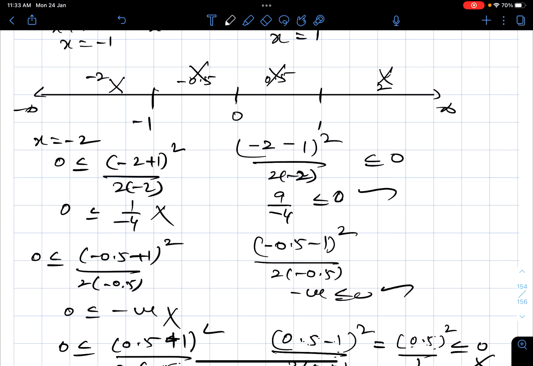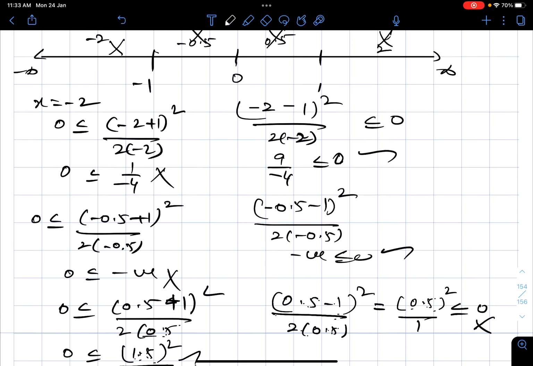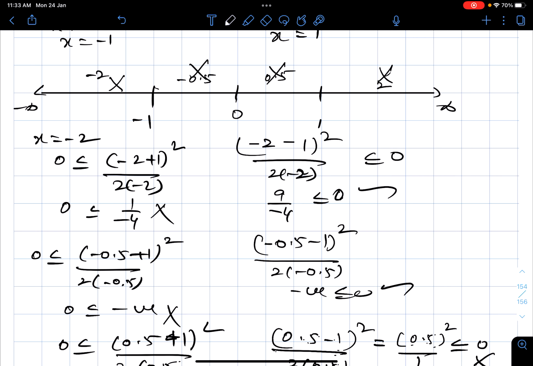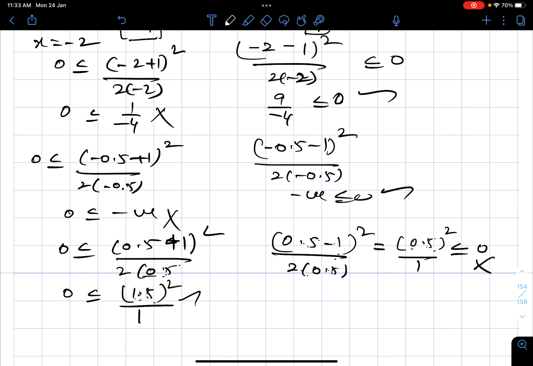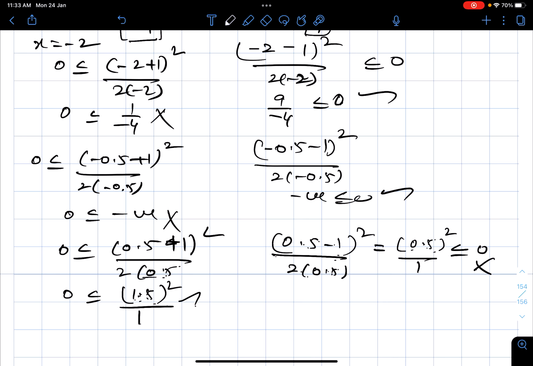Since the regions do not satisfy, now we are going to take the points. What are the points? Minus 1 and 1. And what about 0? If you put 0 below, it becomes 0, so we cannot take 0, because anything divided by 0 is an indeterminate form.